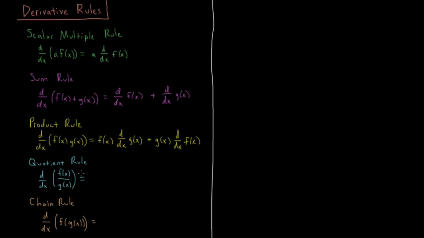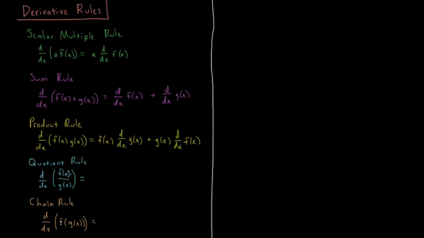All right, quotient rule. We have two functions divided by one another. In fact, this is a special case of the product rule and the chain rule, actually. So we don't even actually need the quotient rule to derive it, but I'll mention it just because it's a commonly used and useful thing to know as well.